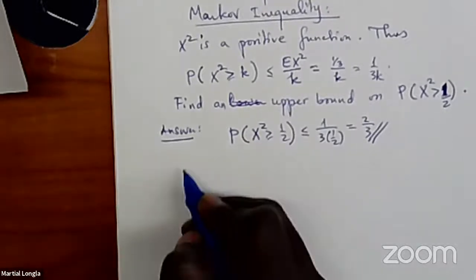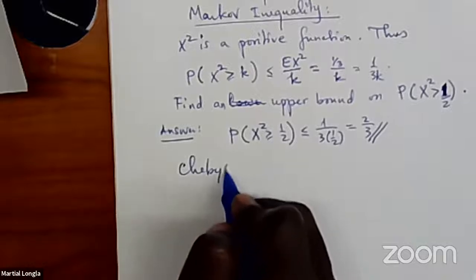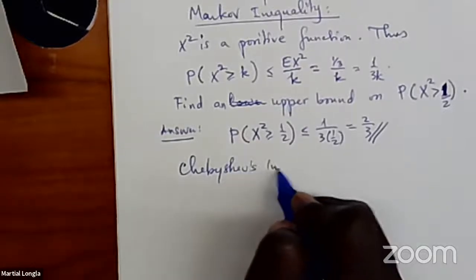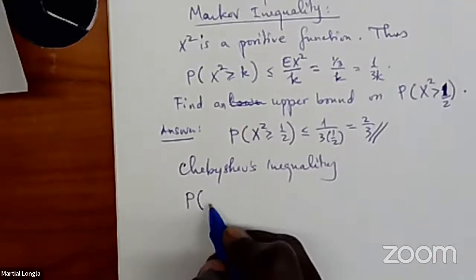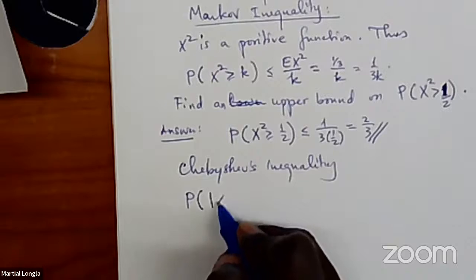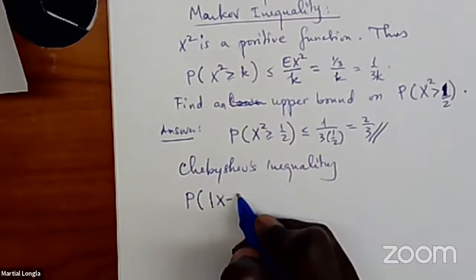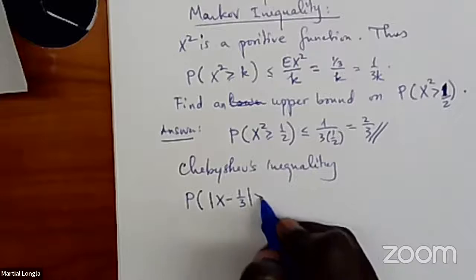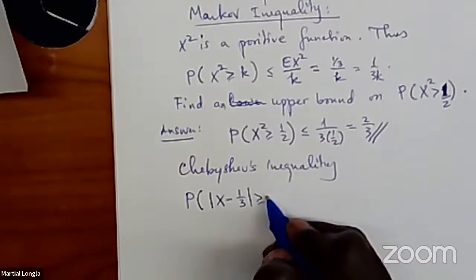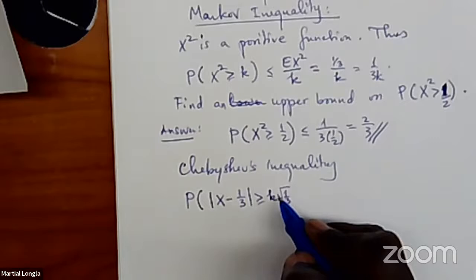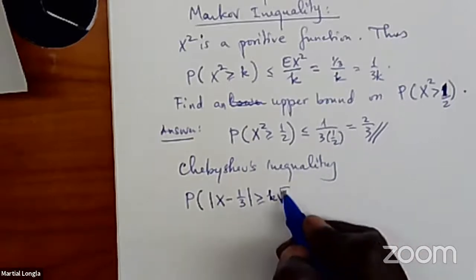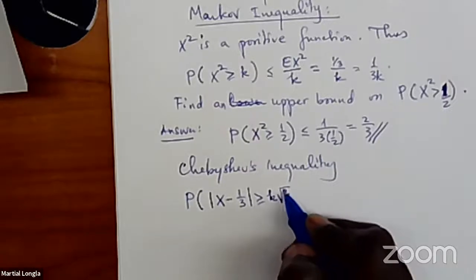And Chebyshev's inequality would be the probability that the absolute value of x minus the mean, 1/3, is larger than or equal to k. Sigma here is the square root of 2/9, because sigma squared is 2/9.